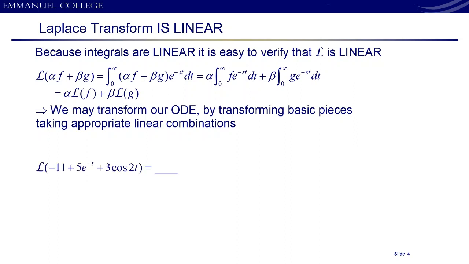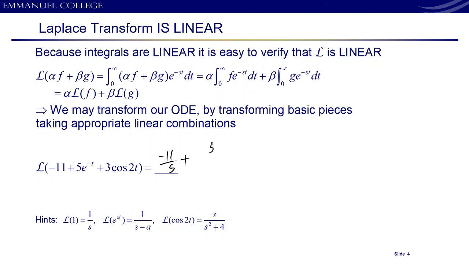So now if I wanted to find the Laplace transform of negative 11 plus 5 e to the negative t plus 3 cosine of 2t, using our previous information, we know this would end up just being negative 11 over s, because you would factor out the 11. And this is like doing the Laplace transform of 1 times the negative 11.